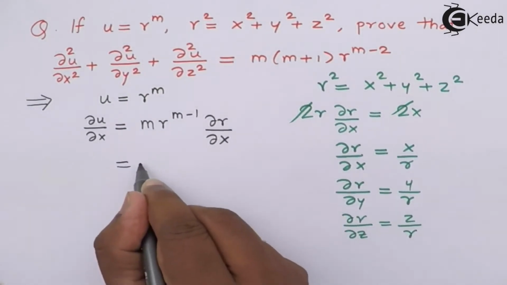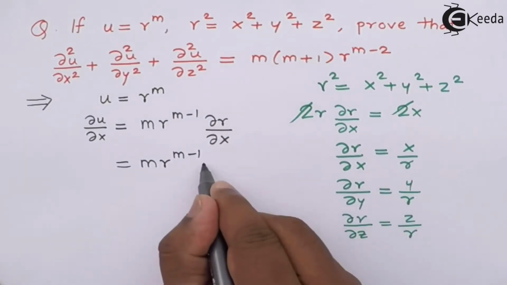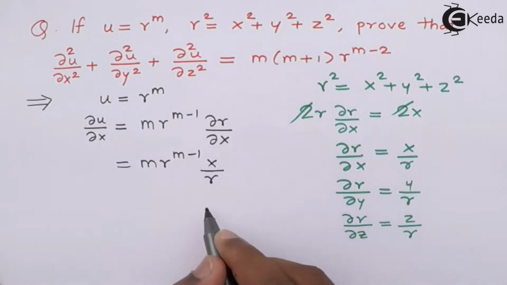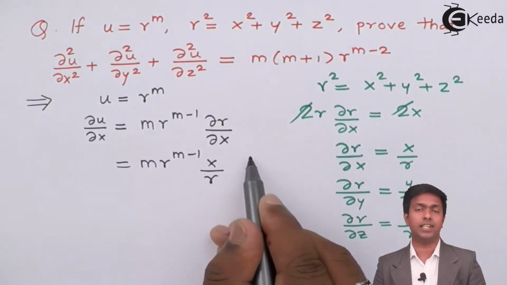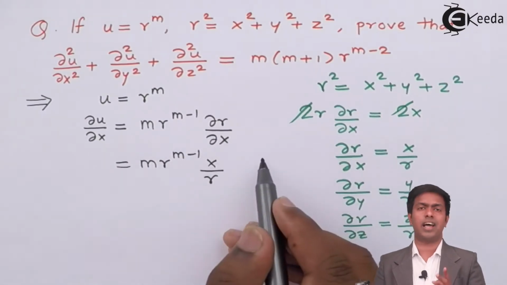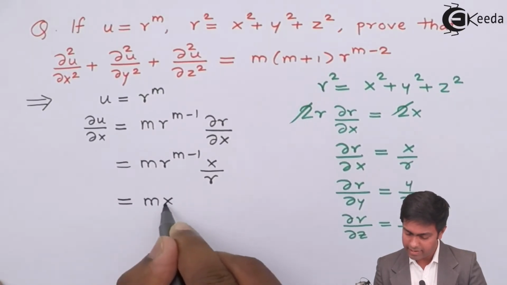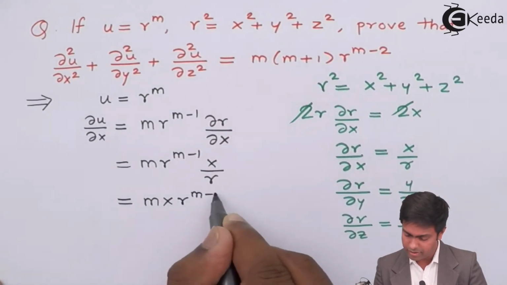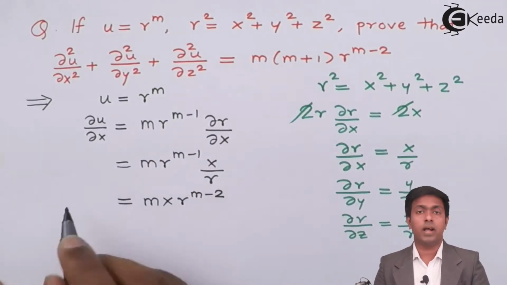So it is m r raised to m minus 1, and this is x upon r. So if I take this r raised to 1 in the numerator, that will become r raised to minus 1, and with this r raised to m minus 1, that will become r raised to m minus 2. So the value is m x r raised to m minus 2. So this is the value of del u by del x.